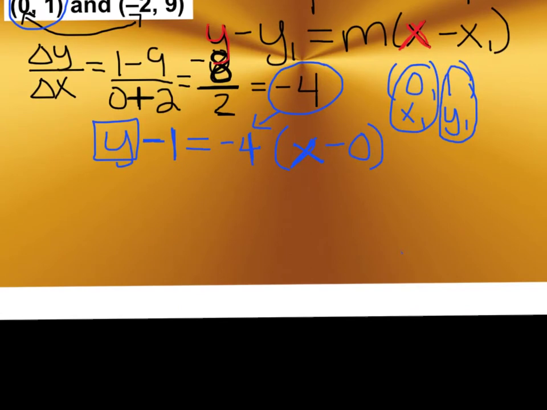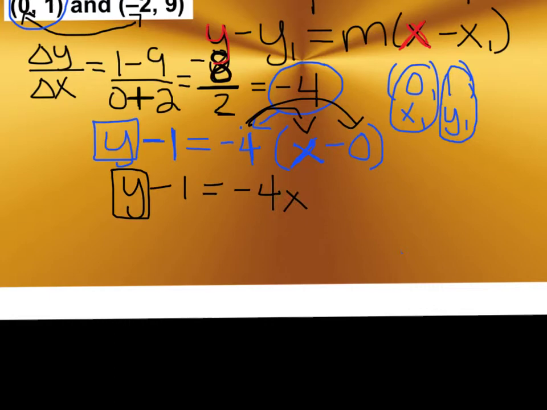Okay, now here I need to distribute here and here. Y minus 1, I'm going to keep a box around the y because I'm trying to isolate the y. -4 times x is -4x, and -4 times 0, well, there's no such thing as -0, it's just 0, is going to be 0, and that's gone.